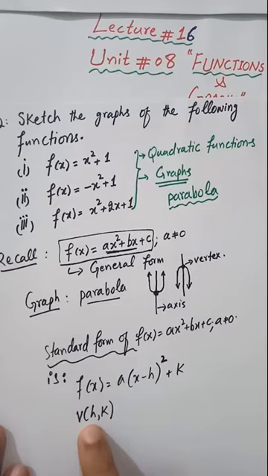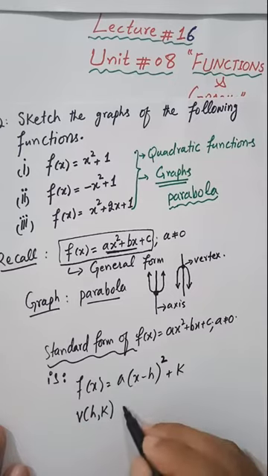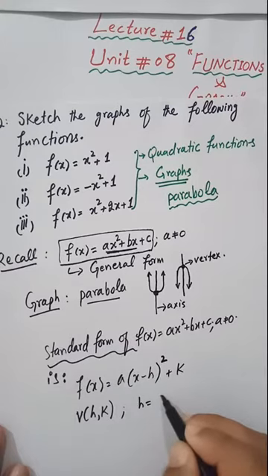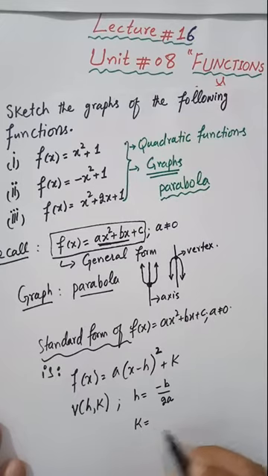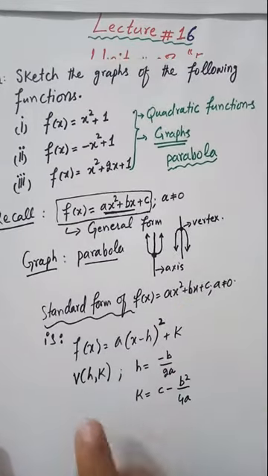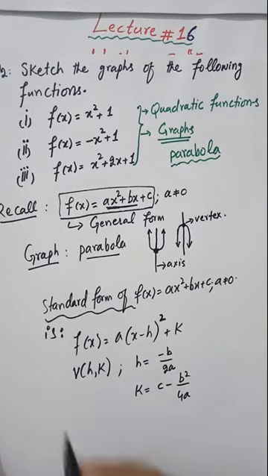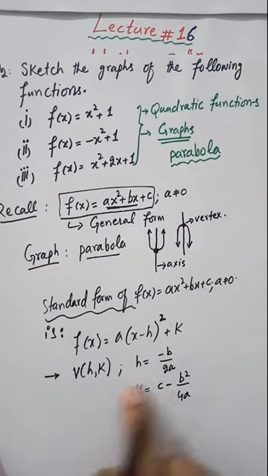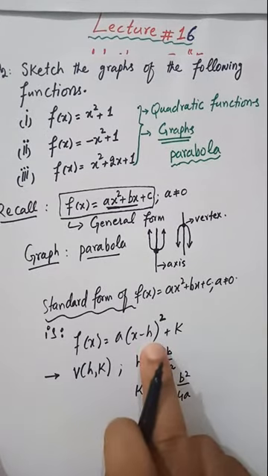H is the x coordinate of the vertex and k is the y coordinate of the vertex, where h is equal to minus b divided by 2a and k is equal to c minus b square divided by 4a, and you know the values of a, b, c from the general form. Okay, so this is the vertex. So you get the information of the vertex from here.